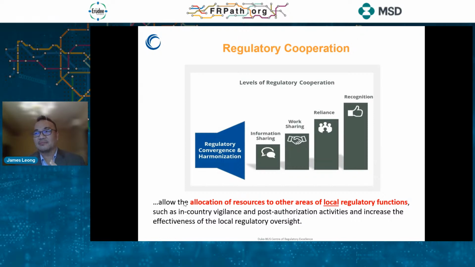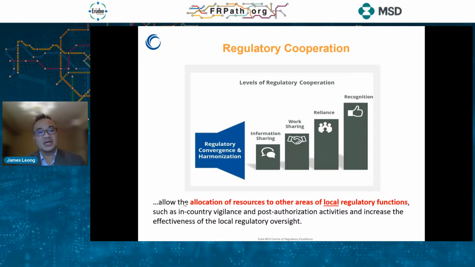Now, I have 2 slides, in fact, just to help all of us to take a few steps back, in fact, just to understand what is regulatory cooperation. Now, many of us are familiar with regulatory recognition, as in the MRAs, as well as reliance, where we actually use the decisions from other regulators to support the decision-making of your own country's decision for the products itself.